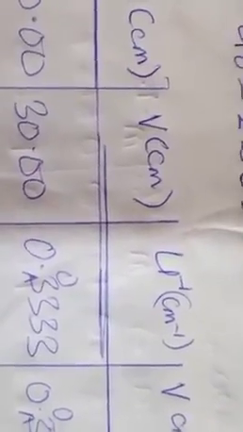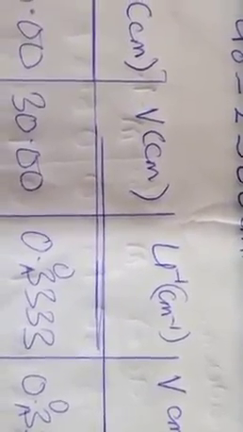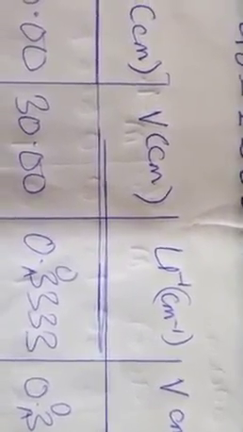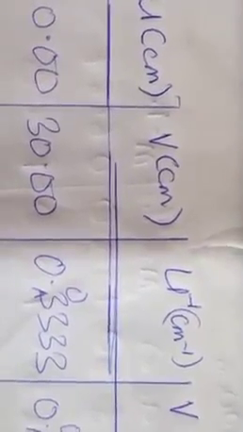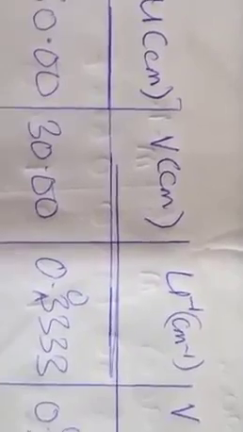Then V, the distance between the lens and the white screen, we call the image distance. You can see a different letter like S representing V. It must not be V they will use.